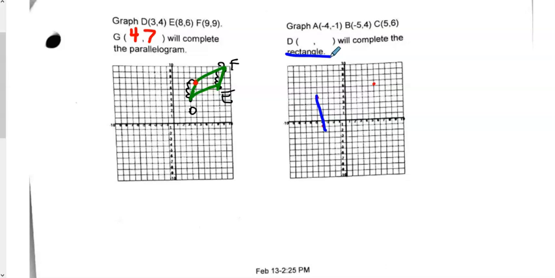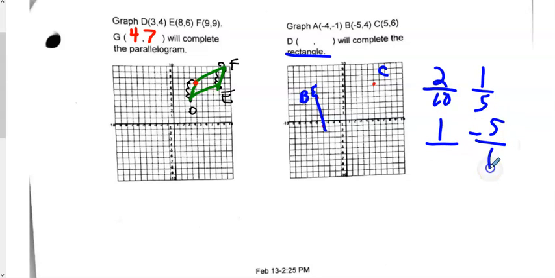So I need to figure out what the slope is between B and C. So if I count the slope, it's going to be up 1, 2, right 1, 2, 3, 4, 5, 6, 7, 8, 9, 10. 2 over 10, which is 1 over 5. The perpendicular slope to that would be negative 5 over 1.